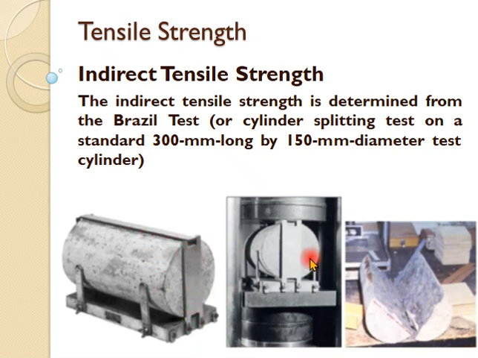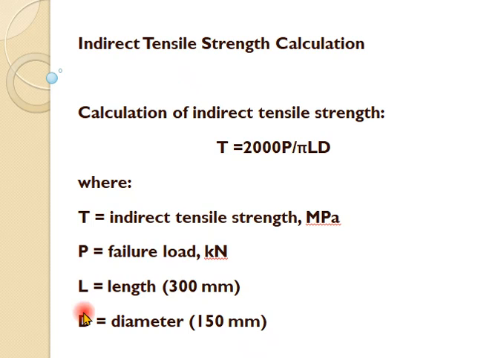Then after applying the load, we have the final test result recorded in the machine, and the specimen will split in two halves, like in this picture.